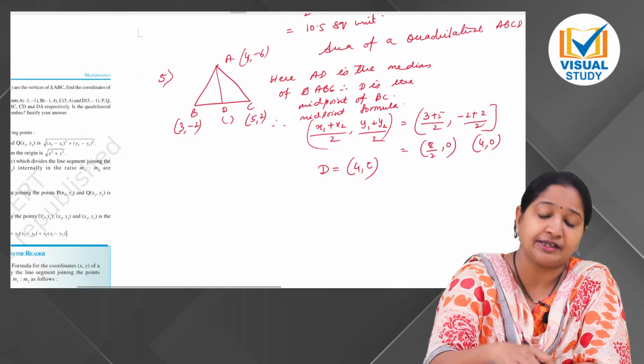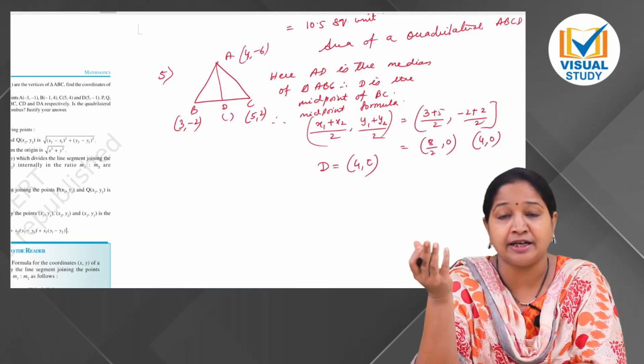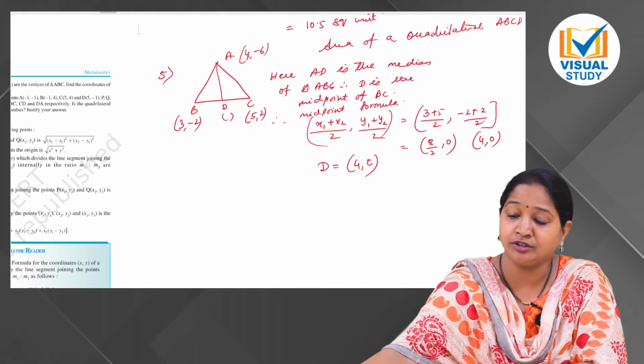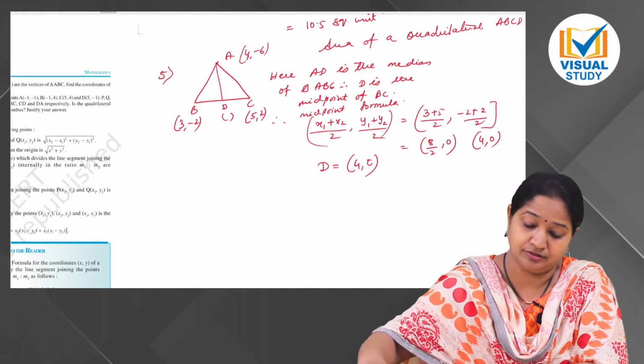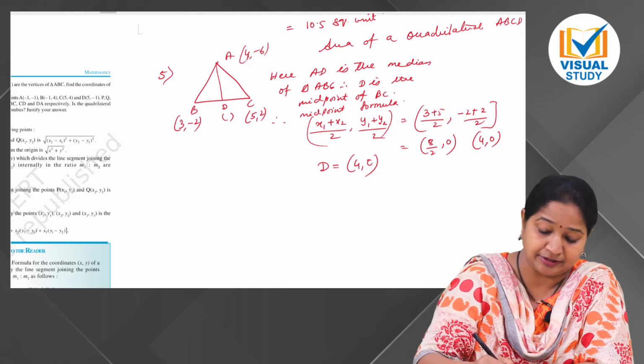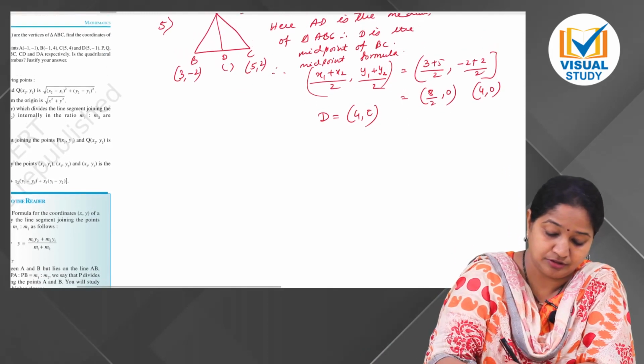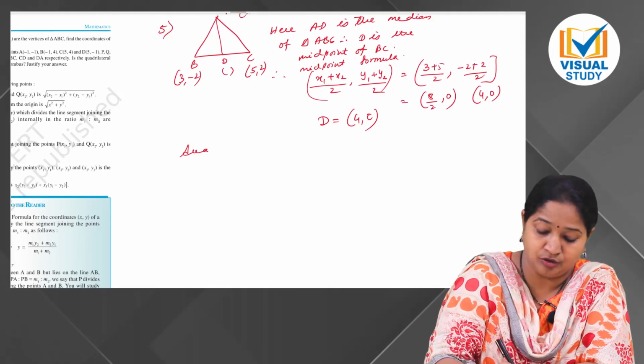Now take one triangle ABD and the other triangle ADC and find the area of each.